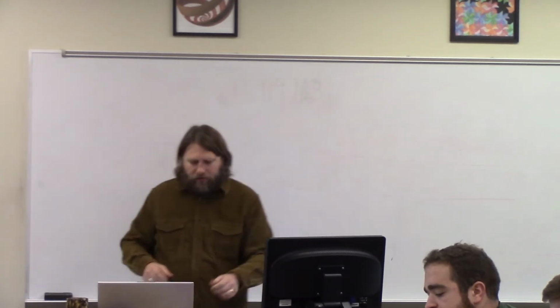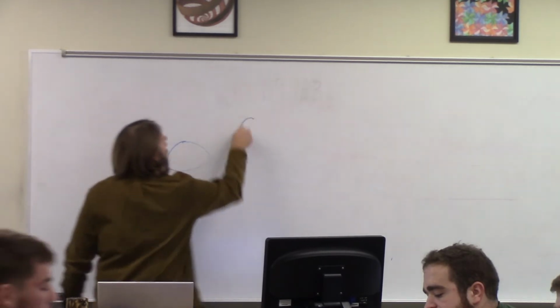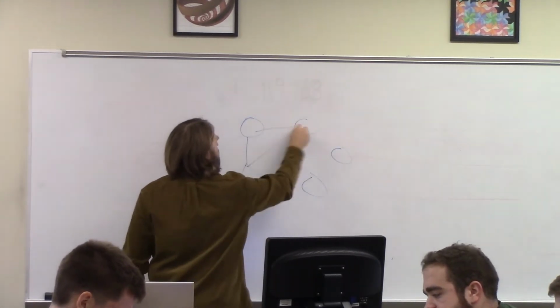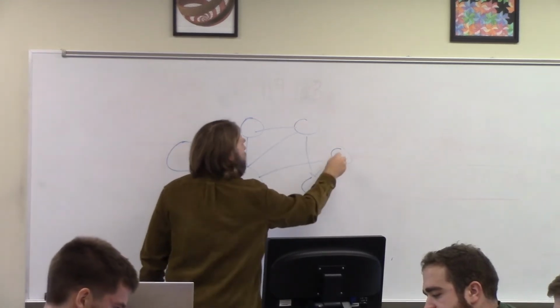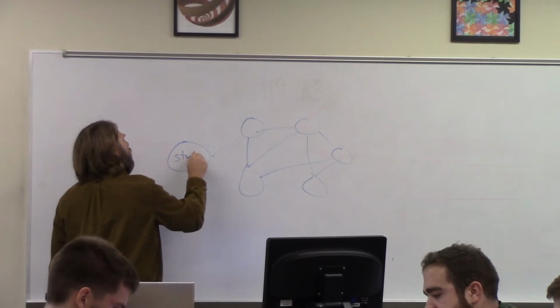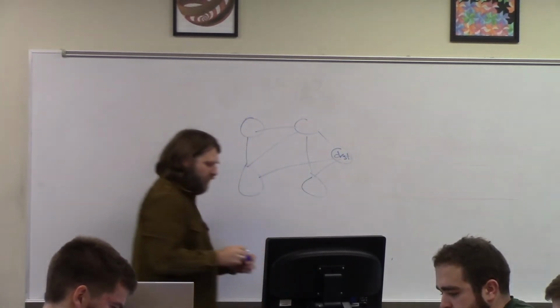And so what we're going to do, I'm not going to draw out a full network here, is we might have something that connects like this. And this is our starting node. And this is our destination node.